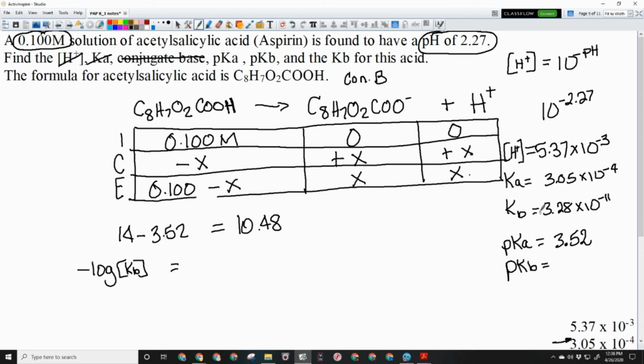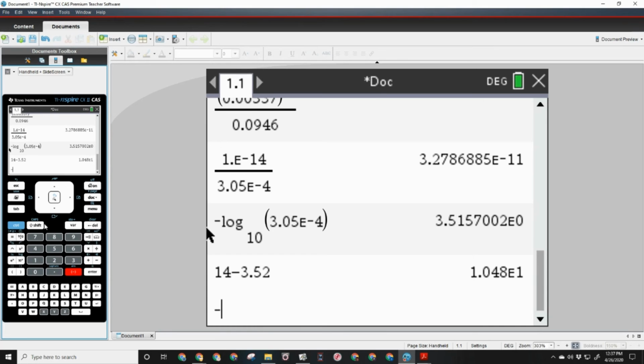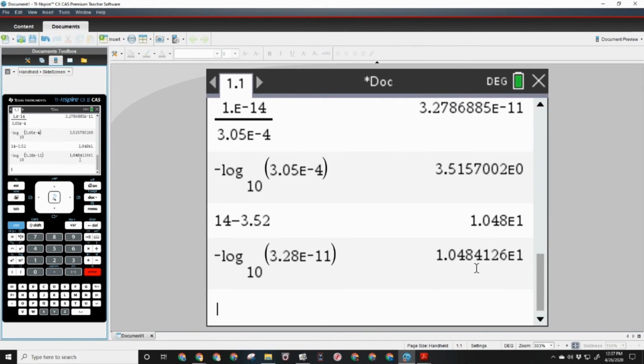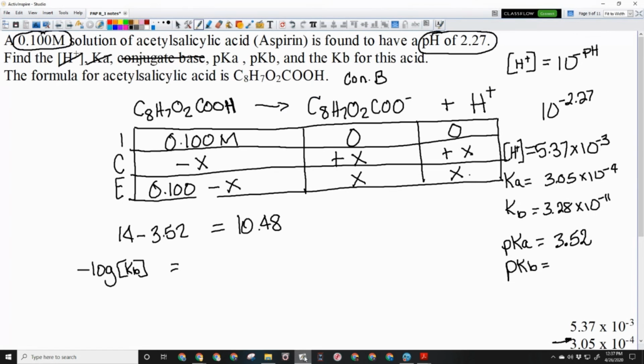And the negative log of 3.28 times 10 to the negative 11 is 10.48. Is that what we got? It sure is, 10.48. So we calculated Kb, pKa, and pKb for this acid.